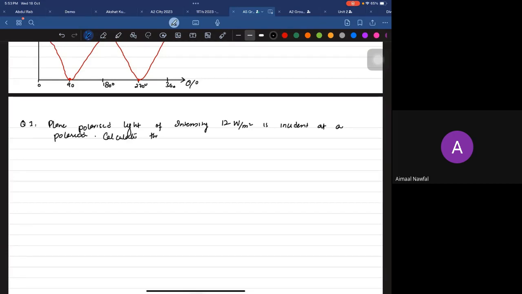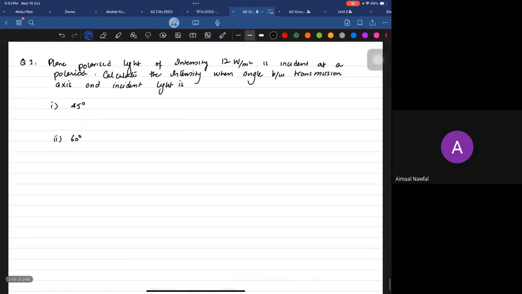Calculate the intensity when the angle between the transmission axis and incident light is number 1, 45 degrees, number 2, 60 degrees. Can you guys please find it out quickly while I write the next question?